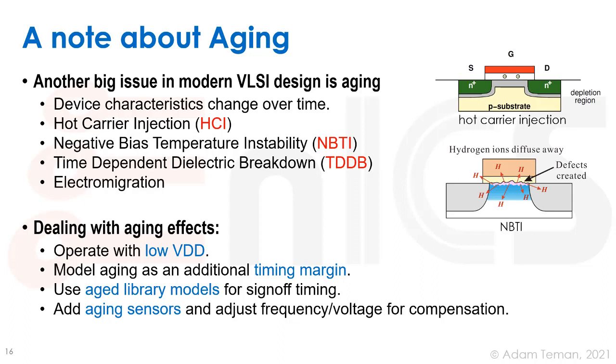And it's not sufficient because usually we're using some nominal VDD, which might be too high to really cloak those aging effects. So one thing that we could do is just add some more timing margins. So remember, our delta margins give some sort of a lumped factor into it, and we can become even more pessimistic. But something that's very common to do is actually use aged library models.